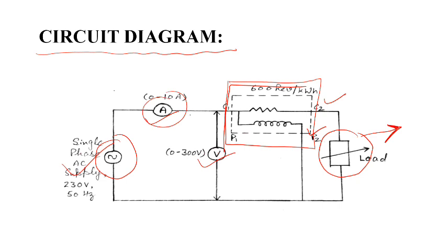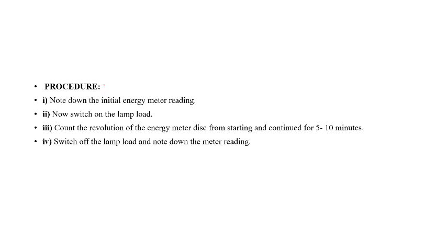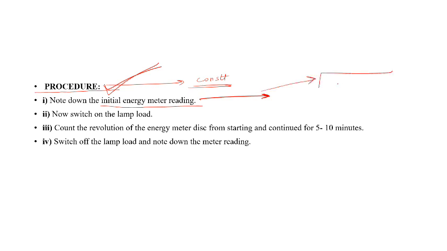To calculate the amount of current and voltage. Let us now come to the procedure, or you can say the steps that we are going to follow in order to find out the energy meter constant of our single phase energy meter. The first step is noting down the initial energy meter reading. As I have already shown you in the diagram, the energy meter comprises a dial which keeps on moving, and the reading from this dial shows us how much energy we have consumed.